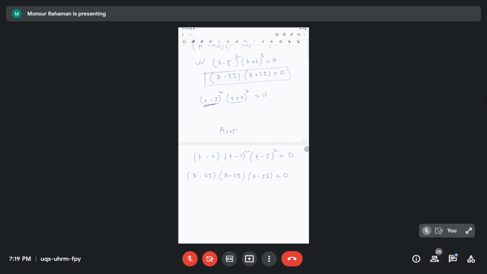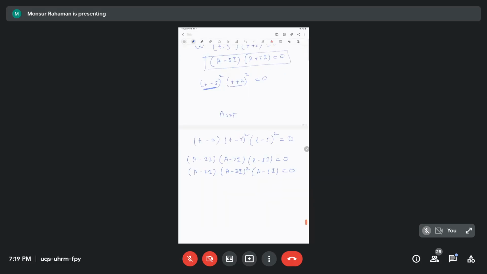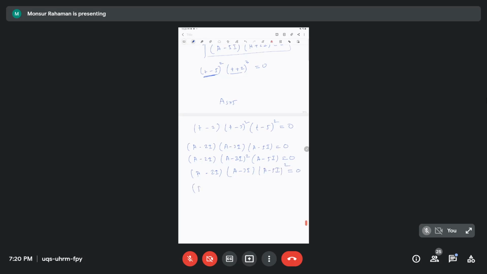This is the minimum one to be minimal. Another one could be A minus 2I, A minus 3I squared, A minus 5I equals 0, or A minus 2I, A minus 3I, A minus 5I squared equals 0, or A minus 2I, A minus 3I squared, A minus 5I squared equals 0.